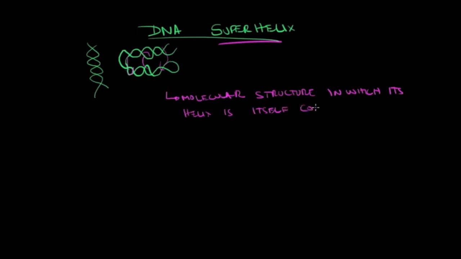For now, keep that in mind because we will need it for another topic later on in different tutorials, especially when we talk about how DNA is packed in eukaryotic cells. I'm going to bring this up again. But in any case, the DNA structure is a superhelix, a helix forming around the helix that we know. I'm sorry about the drawings, but I think it gives you an idea of what I'm talking about. If not, please let me know. I'll try to do a better one next time.